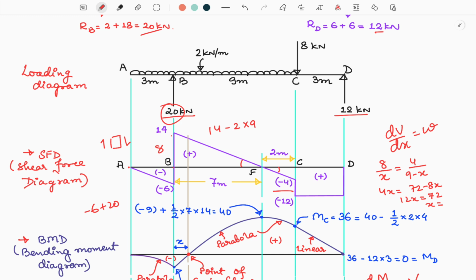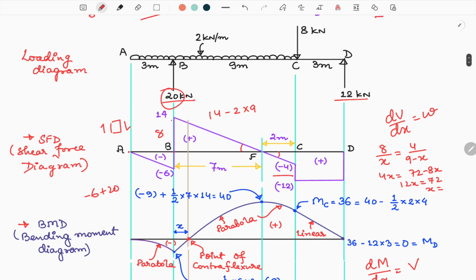So x and 9 minus x. Okay, so 8 and 4, 4x is equal to 72, 72 minus 8x. So by solving this similarity, we can get x is equal to 7 meter.